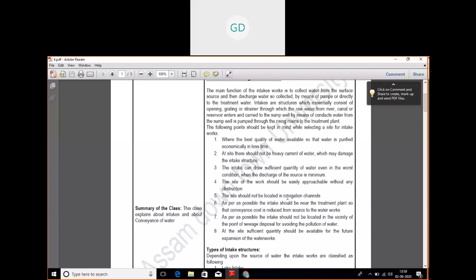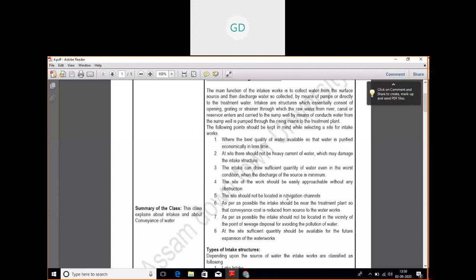What are the points that should be kept in mind while selecting a site for intake works? The first point: as far as possible, the site should be near the treatment plant so that the cost of conveying water to the city is less.